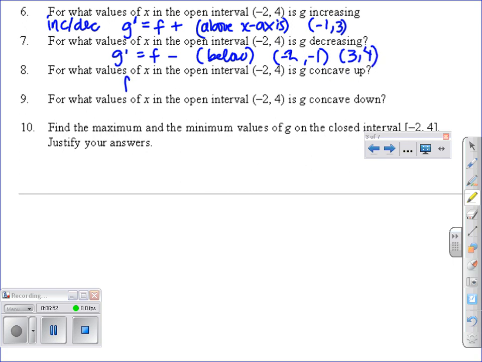Concave up means, whoops, the page is what they're talking about. They're talking about g, so g double prime is positive. Well, g double prime is the same as f prime, so that's the same as the slope being positive.